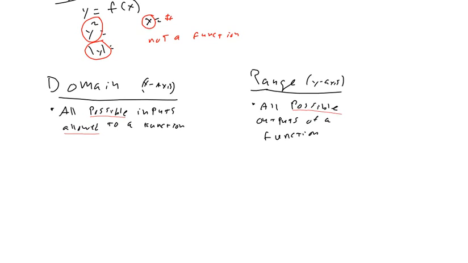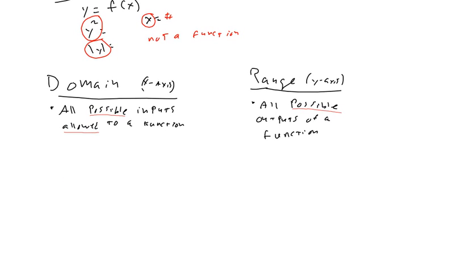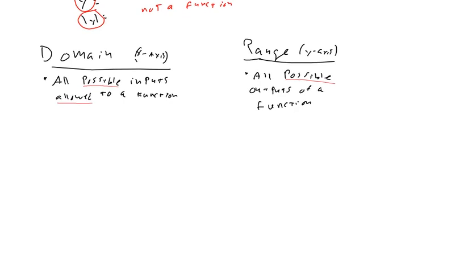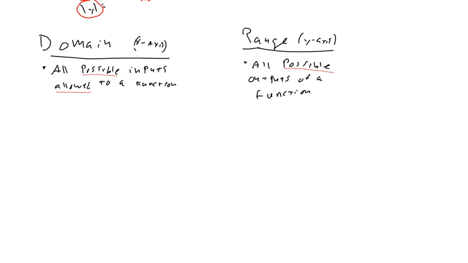And so how do we tell which inputs are allowed? How do we tell what we're allowed to have for outputs? How can we tell what our domain and range are? And so to do that, we're going to talk about domain restrictions.